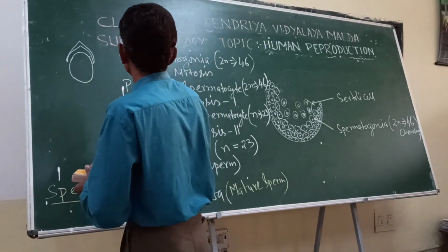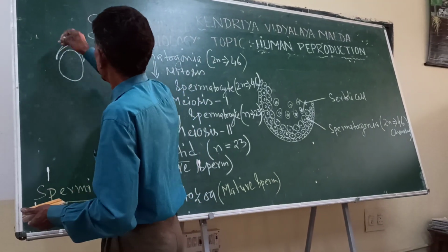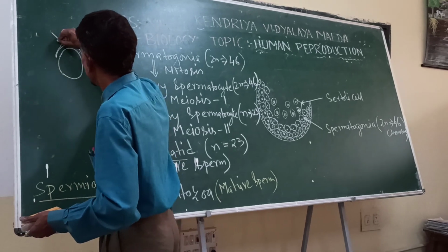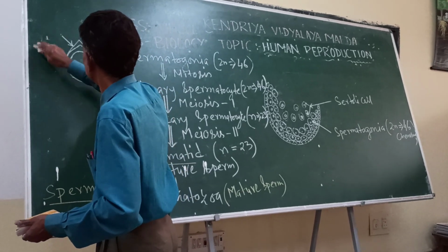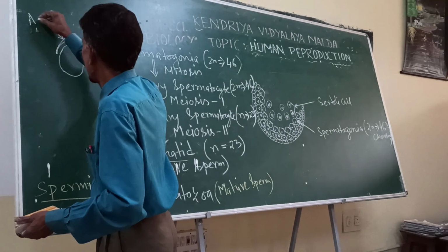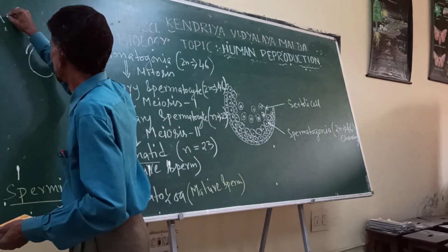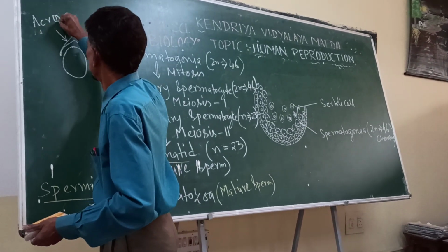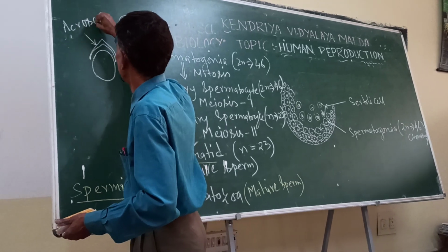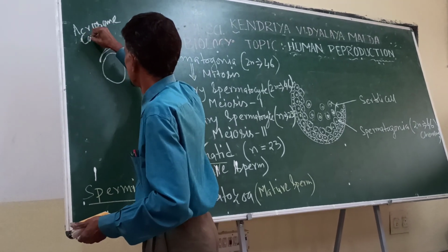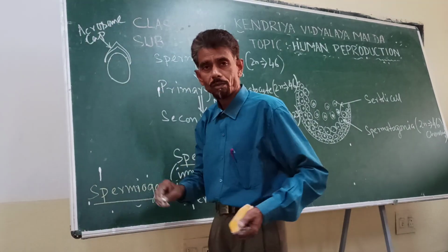This is the acrosomal vesicle or acrosome cap over the sperm head.